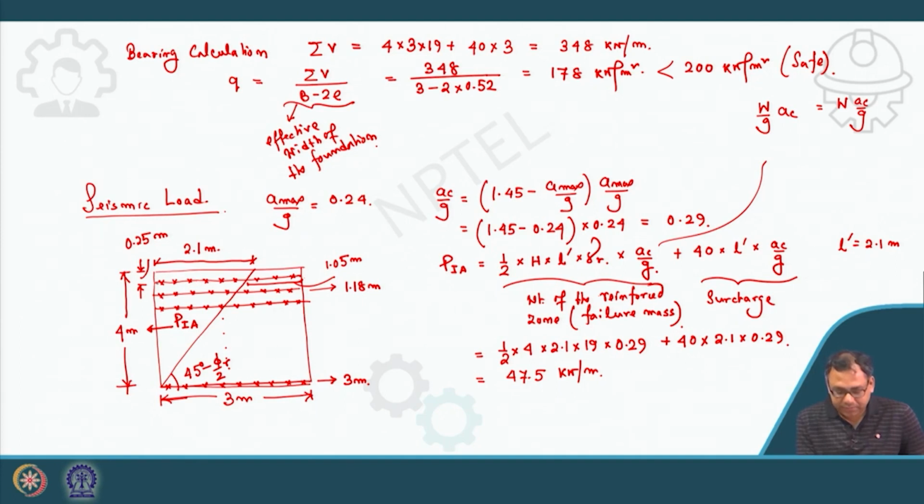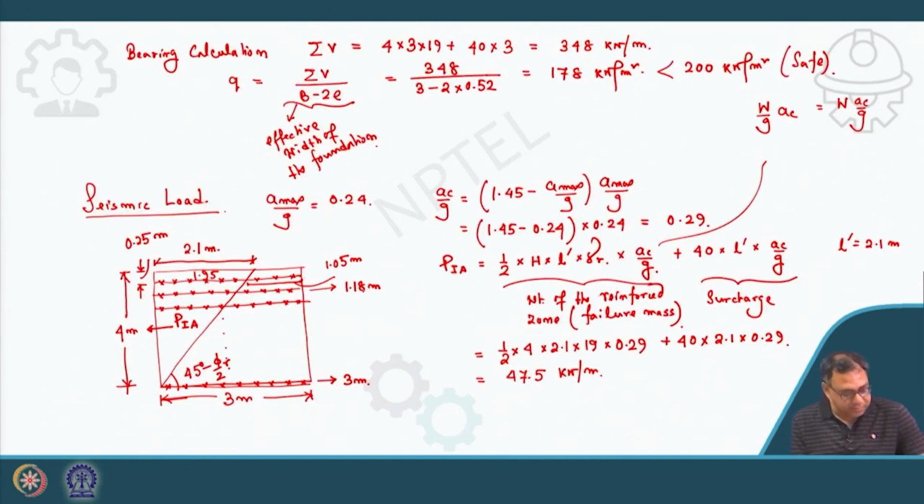You can calculate, this is 3 minus this, say 1.95. This will be 1.95, this is 1.05. So total will be 3 meter. Okay, so you can see this is 3 meter. Similarly, I can calculate the length of each reinforcement layer beyond the failure surface.